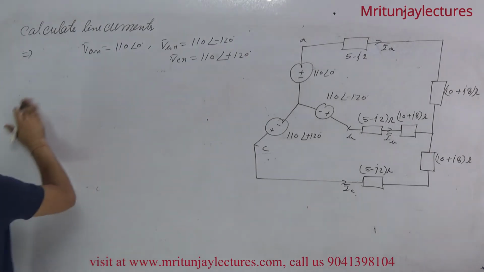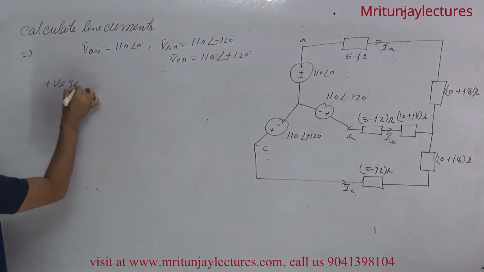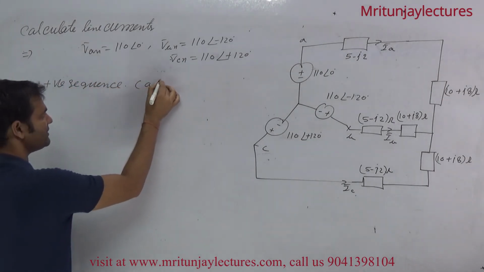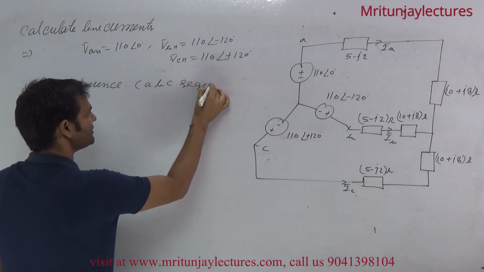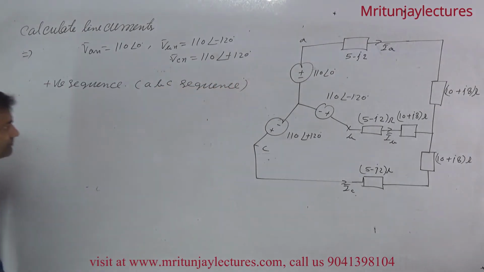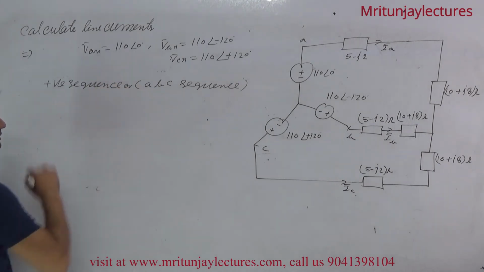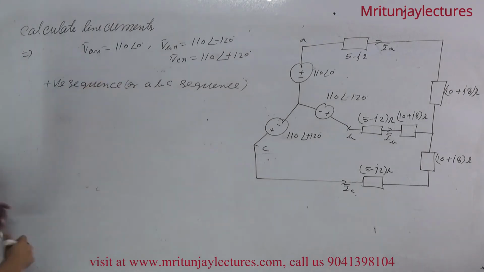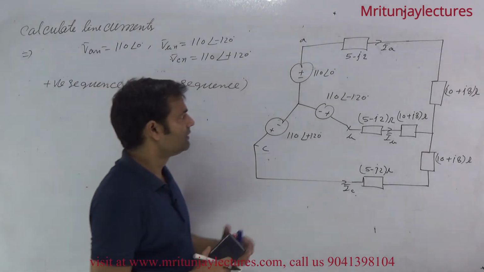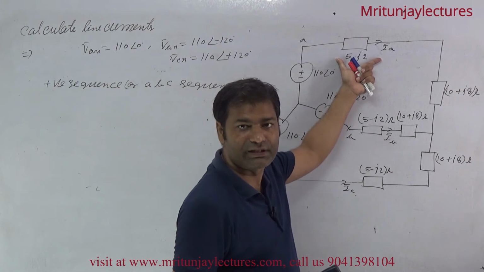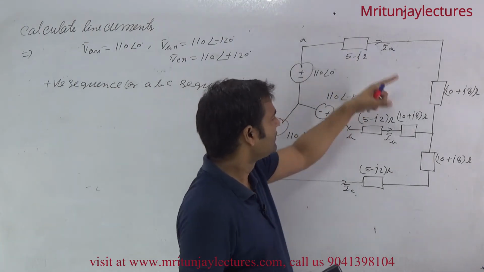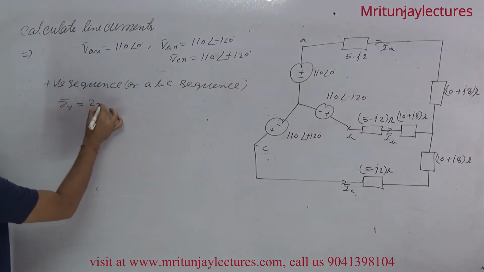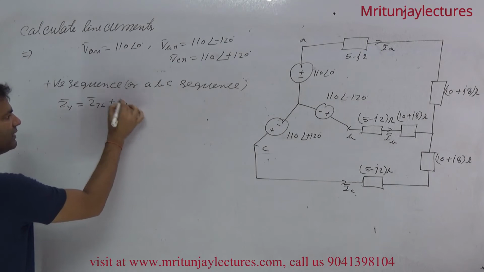What about the sequence? Positive sequence, that is ABC sequence. Now first of all, this one is ZTL and this one is ZL. So first of all, what about Z star? Z star is written as ZTL plus ZL.